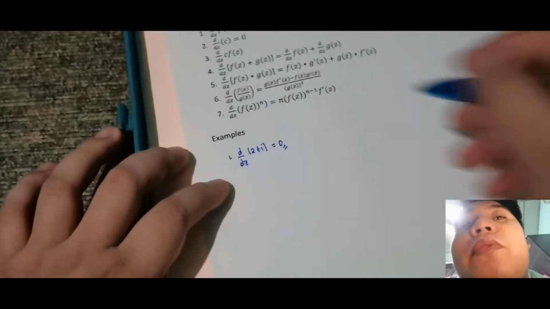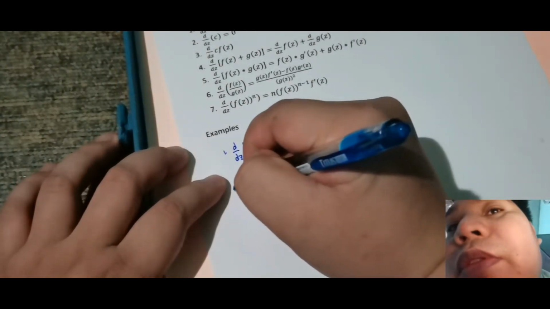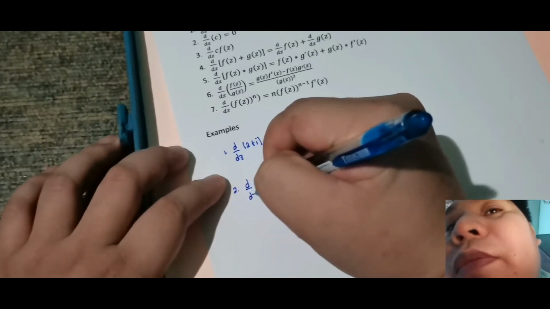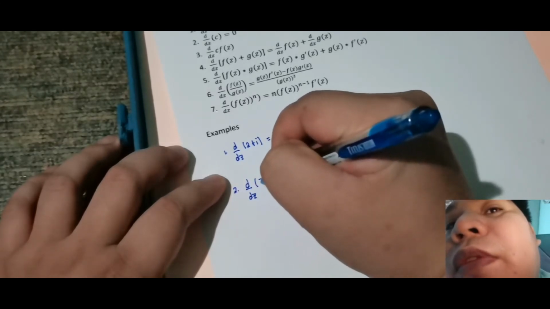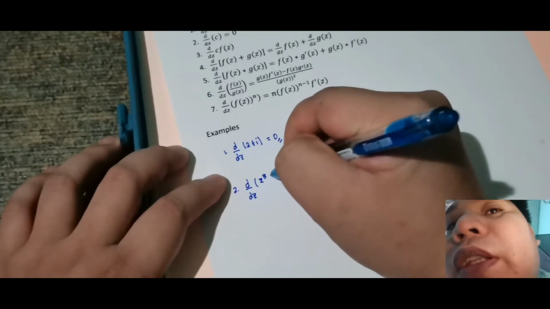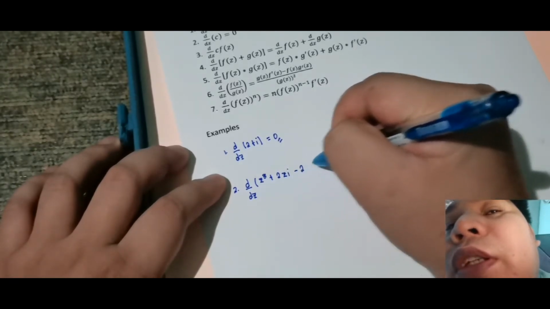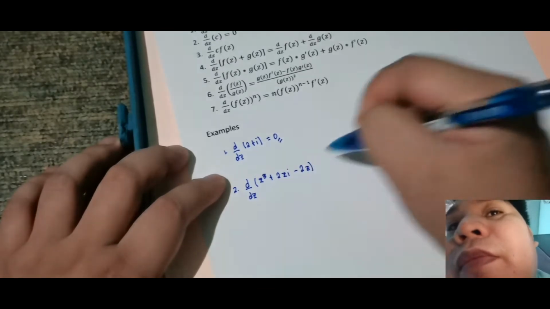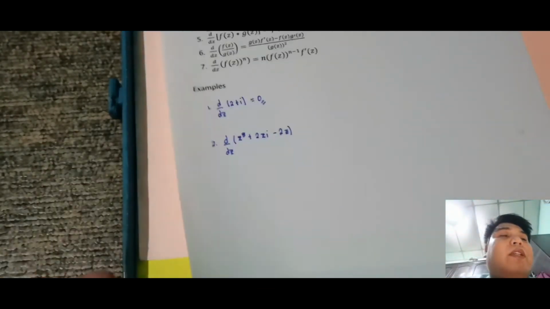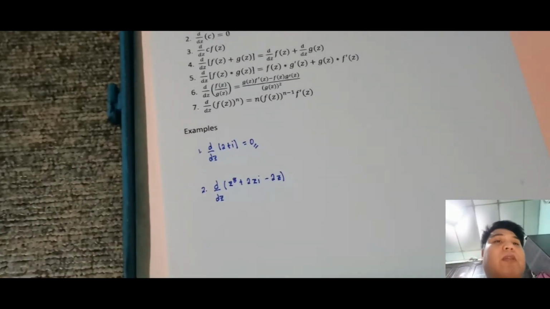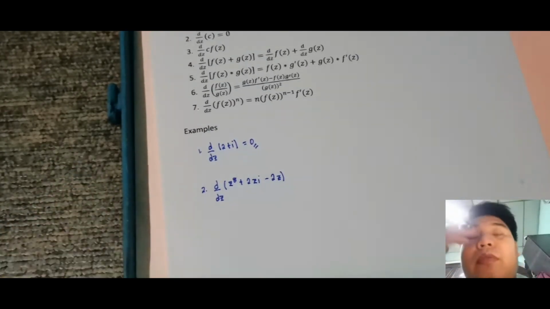Okay, so number 2, let us have number 2. So what is the derivative with respect sa z ng z raised to 8 plus 2zi minus 2z? Okay, so ano nang gagawin natin? Syempre hatiin natin, gamitin natin yung mga rule.